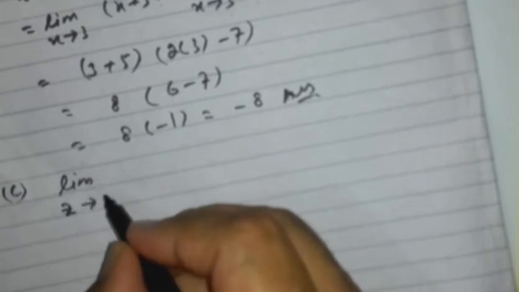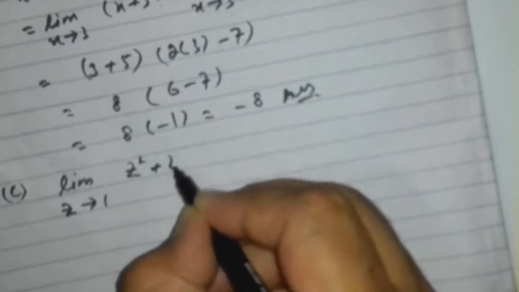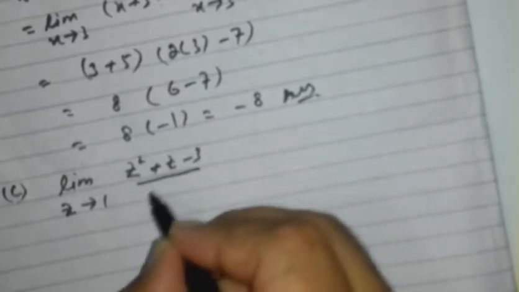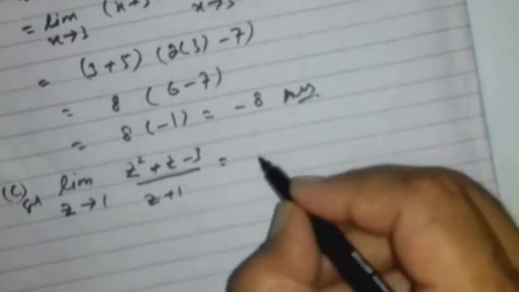Part C, limit z tends to 1 of z square plus z minus 3 divided by z plus 1. Solution, apply limit on numerator and denominator separately.